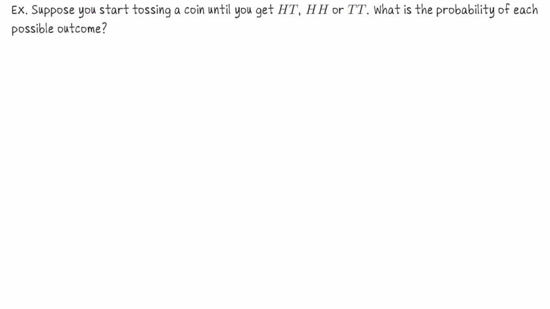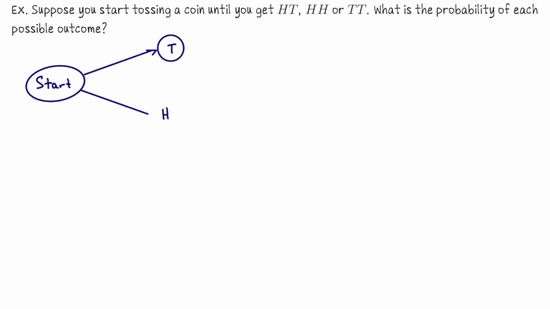Okay, I'm going to create a diagram, and as is often the case, the first diagram I draw might not be the best, but let me just start trying to visualize how this coin tossing could happen. Okay, we're going to have a start. We haven't tossed the coin yet. From the start, we're either going to do tails or heads. Neither of those would be terminal states, so let me just circle them.